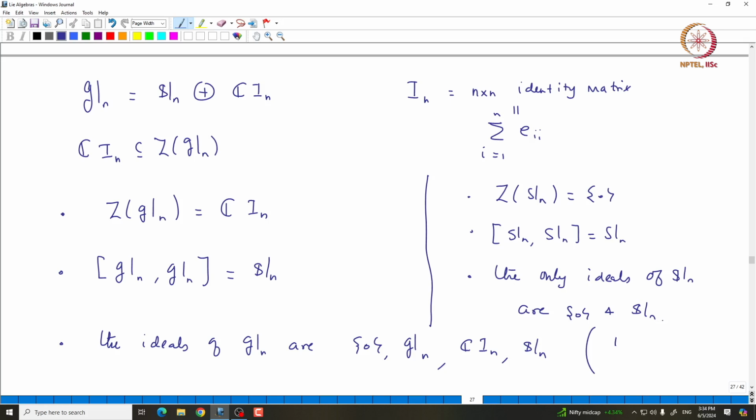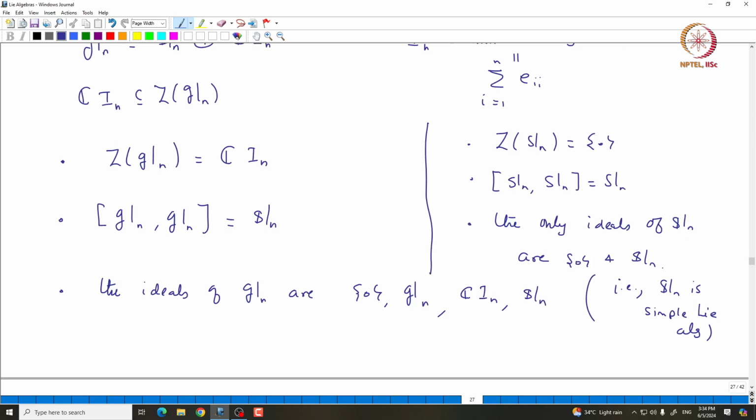So, that means SL_n is a simple Lie algebra. This is the only simple Lie algebra that we will be encountering in this course. So, we will be mostly focusing on GL_n and SL_n in this course, no other Lie algebras. Okay, so let us prove these one by one.